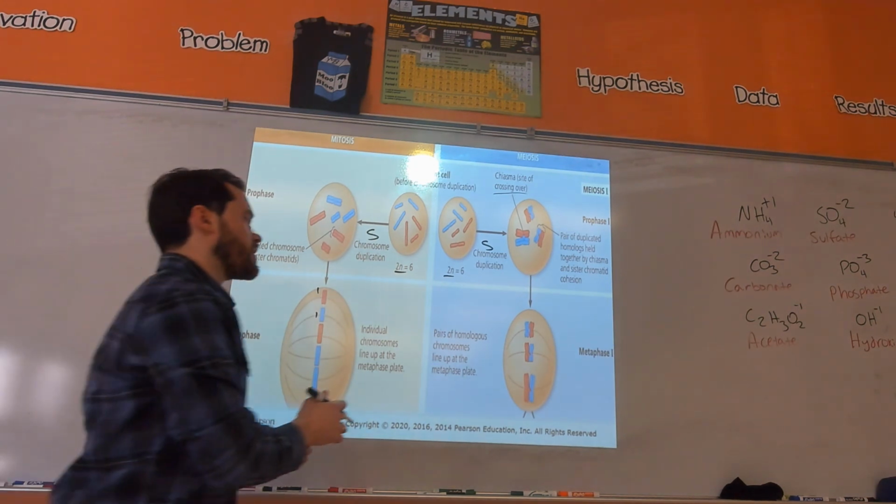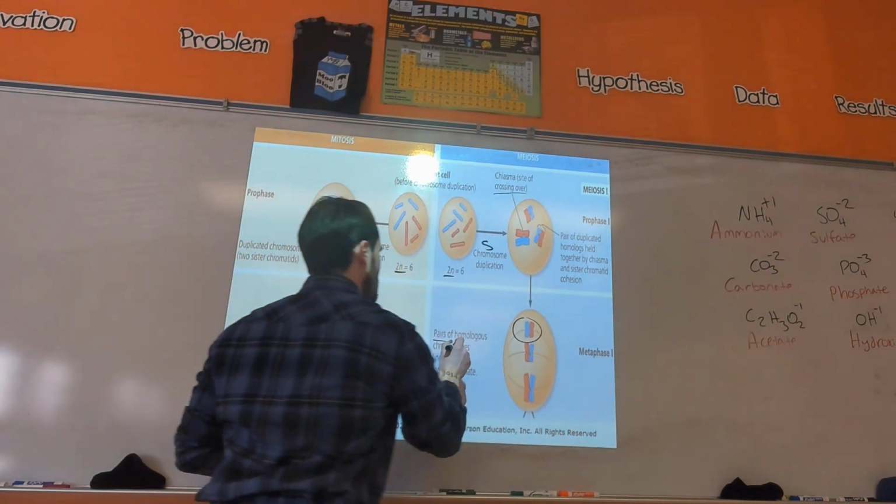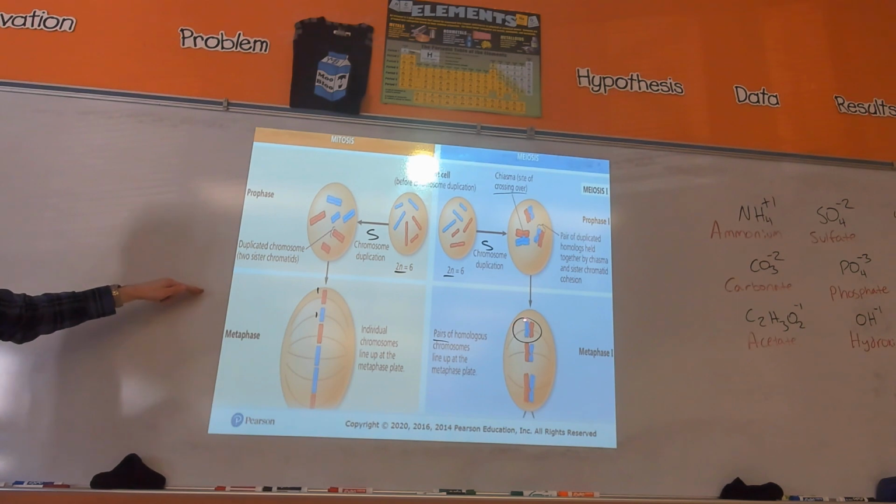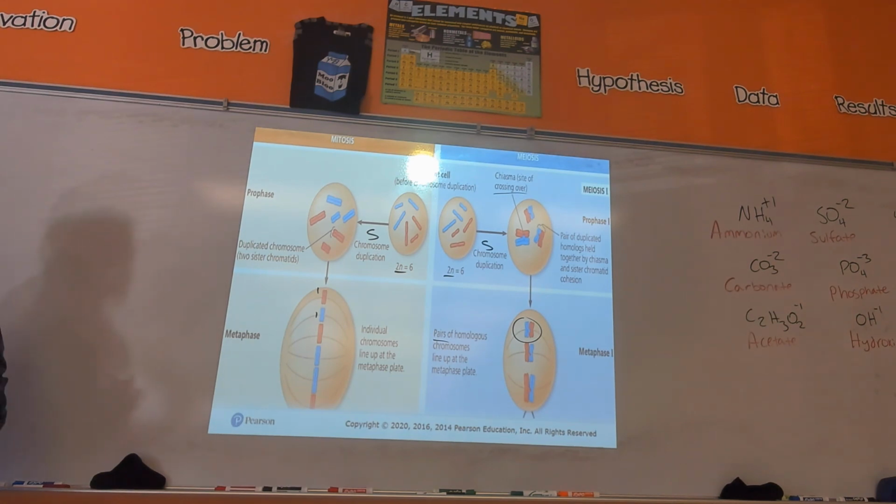But in metaphase 1 of meiosis, the homologous chromosomes pair up. Chromosome 1 from mom and dad are attached to each other by the chiasmata that we formed during crossing over. So there are half as many kinetochore microtubules in metaphase 1 as in metaphase of mitosis, because you have half as many connections you have to make to separate those chromosomes.